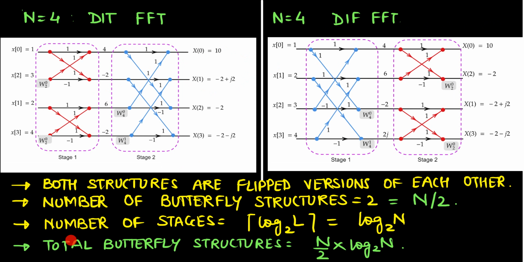Moreover, we have seen that the total number of butterfly structures is N by 2 log N to the base 2.